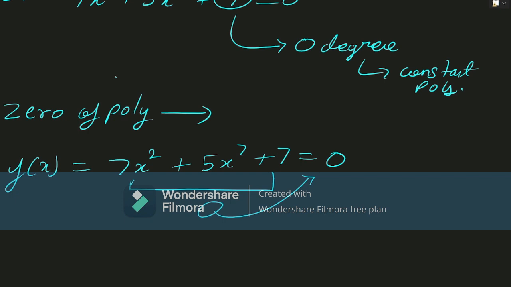So this is like a trial and error method, but you can also do it by splitting the middle term. After multiplying the coefficient of the first and the last term, you will find a number that is 49. Now you need to find a way to split this 49 into numbers that on subtraction or addition give us 5. Okay, like this it works, and you can find the zero of the polynomial.